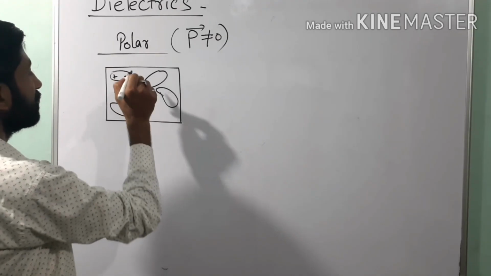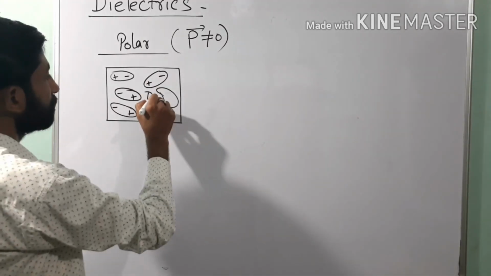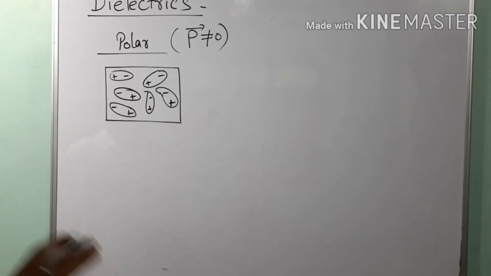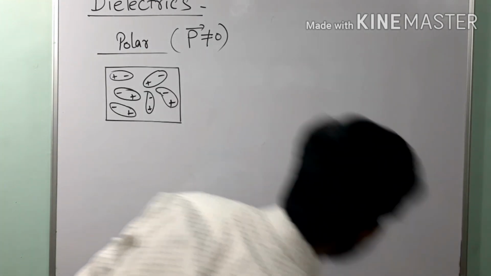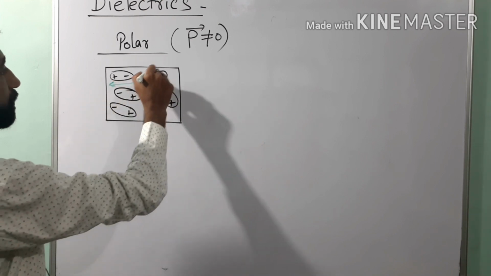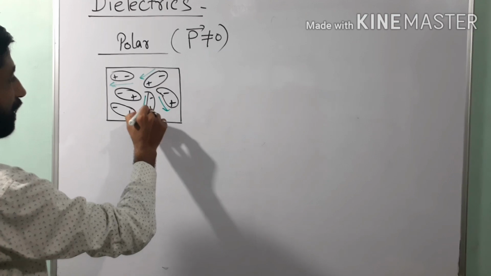This is plus, this is minus, this is minus, this is plus, and so on. So the dipole moments of these molecules are given by this negative to positive, negative to positive, and so forth.